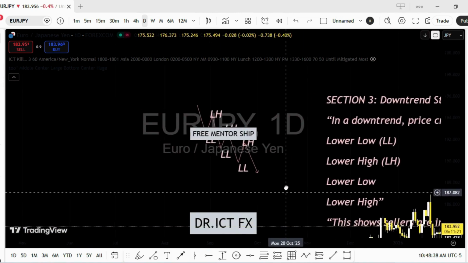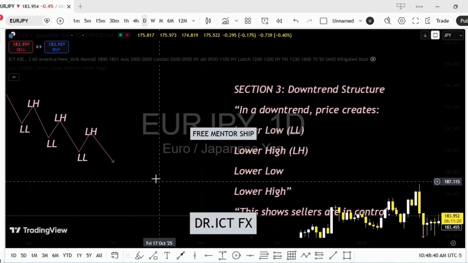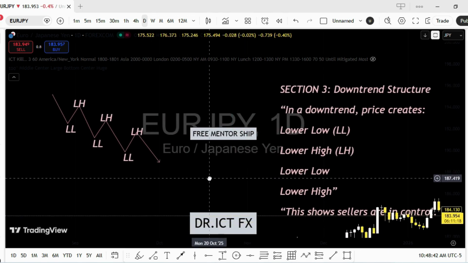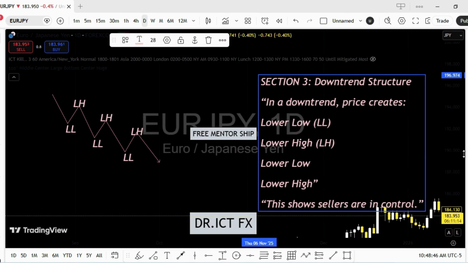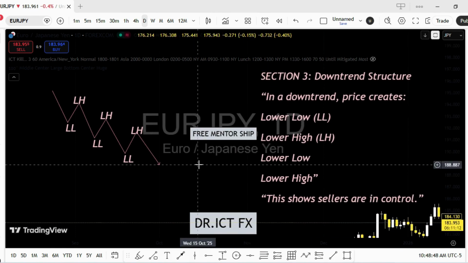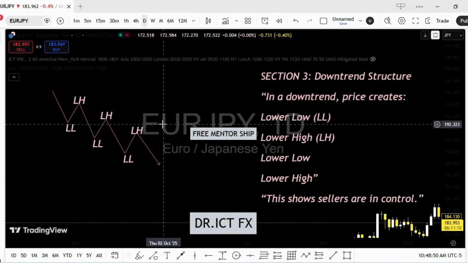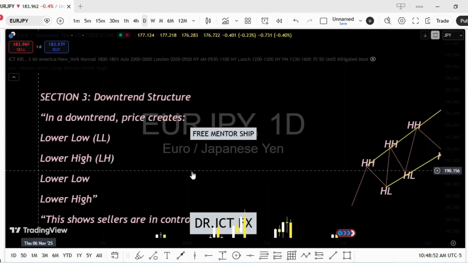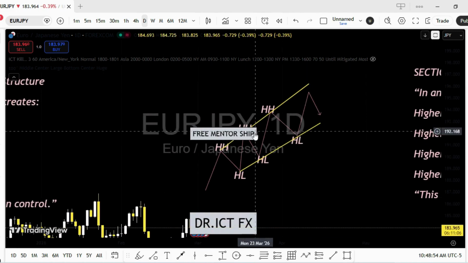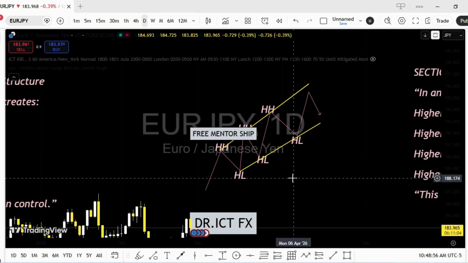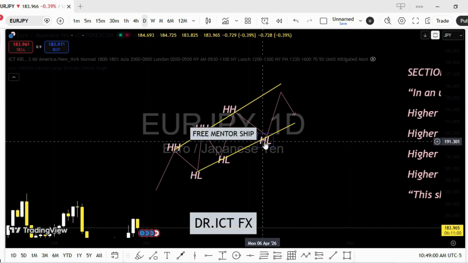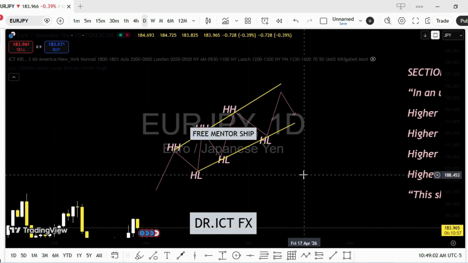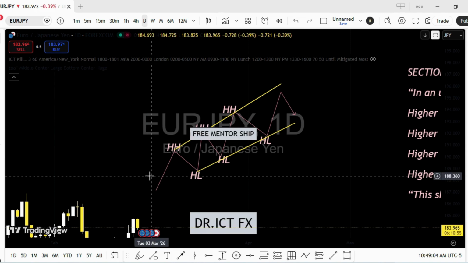Taking you back here, this uptrend shows that buyers are in control. Whenever you see a market creating higher highs, higher lows, just know the buyers are in control.